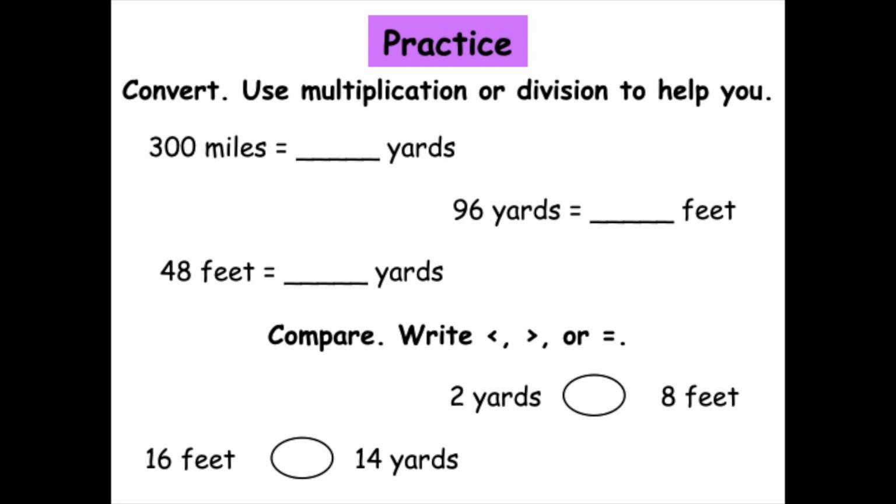And then at the bottom, there is the compare section where you're going to use the greater than, less than, or equal to sign to compare the 2 measurements on each side of the oval, and then draw your symbol inside the oval. Snap a picture of it when you are done. Send it my way. Let me know if you have any questions. Tomorrow, we will move into a different customary unit of measurement. See you guys.